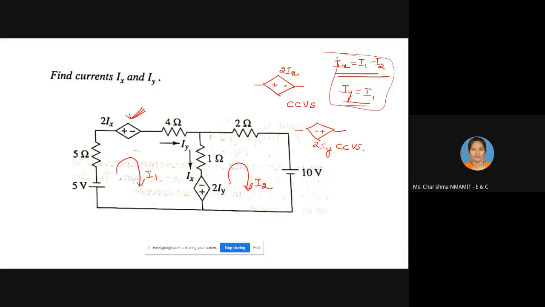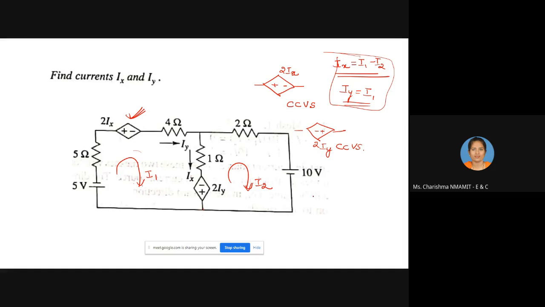Once you write the KVL equation, you will have the variables Ix and Iy, right? For Ix and Iy, you know the values in terms of the mesh currents. That you substitute. So here you see this is the circuit we have considered.